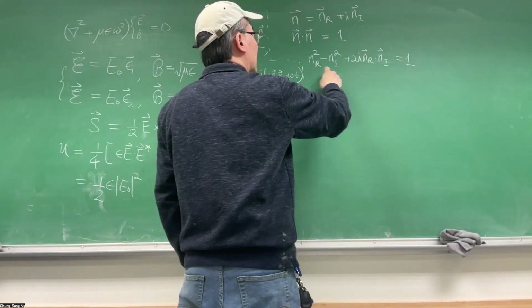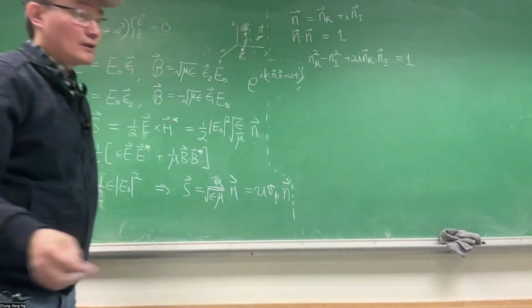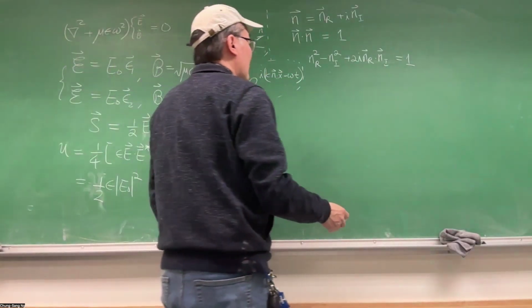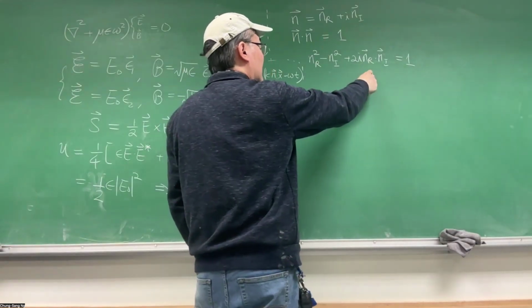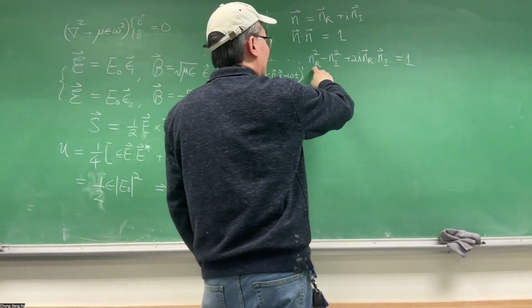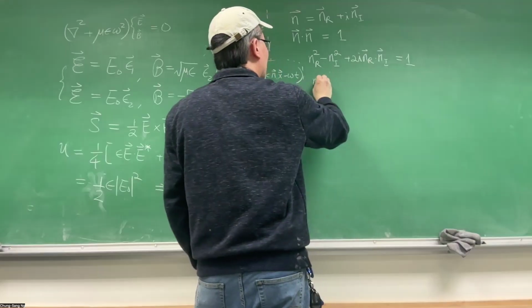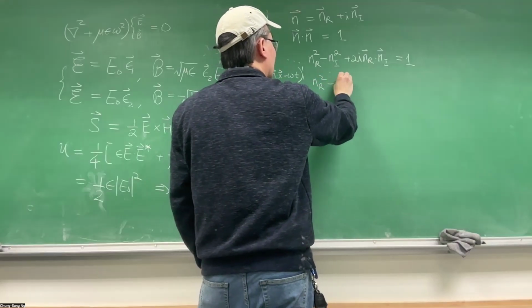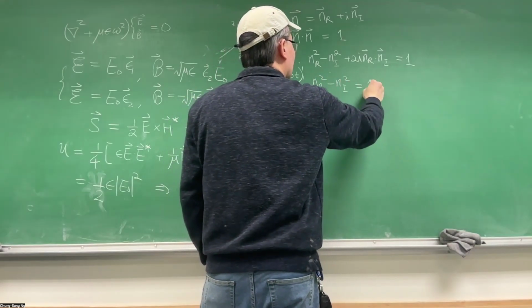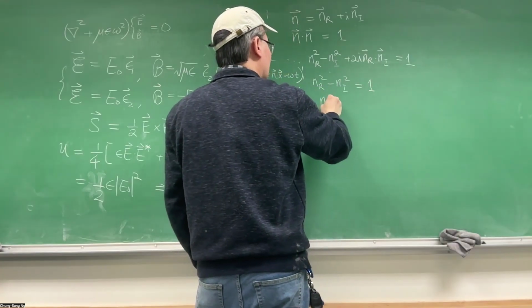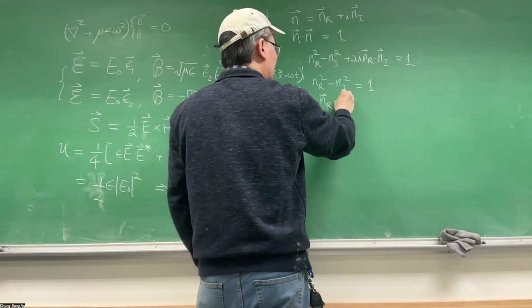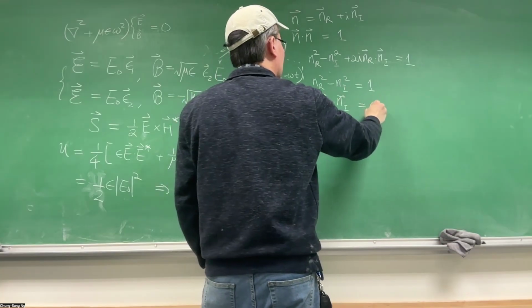Okay, so this is a complex equation. So both the real part and the imaginary part have to satisfy the equation. So the real part of this equation is N_R squared minus N_I squared equals 1. And the imaginary part is N_R dot N_I equals 0.